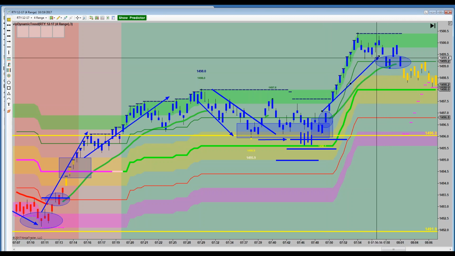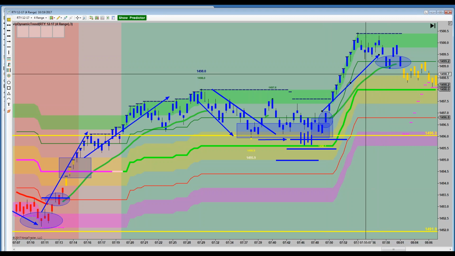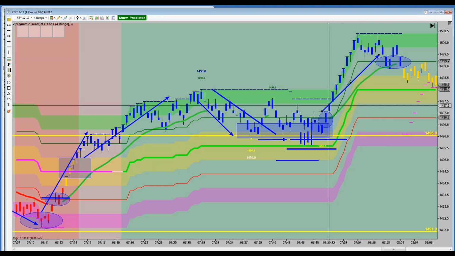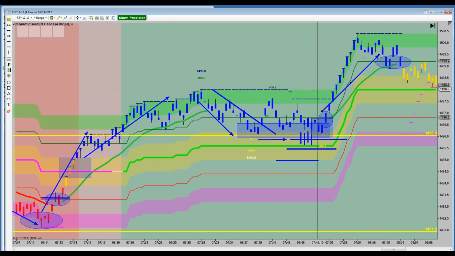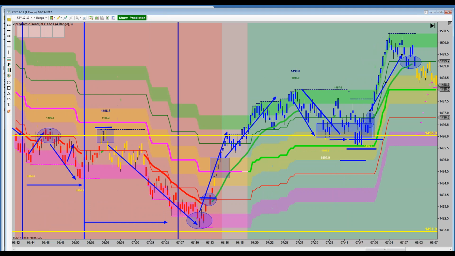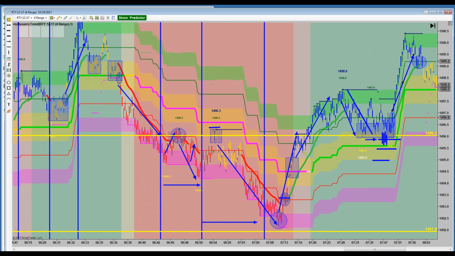Does anybody notice a theme here on the Russell? With these moves, has anybody noticed a theme? What are you seeing coming up over and over again with these trades? What number have you seen probably 3-4 times in the course of this webinar on each of these trades? What numbers do you see keep popping up?